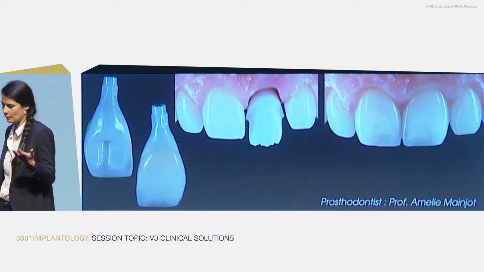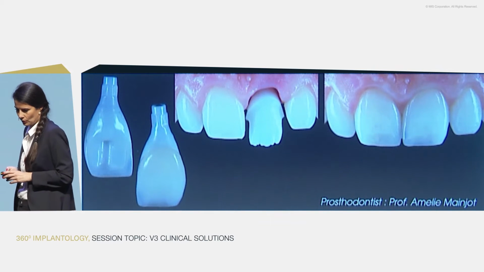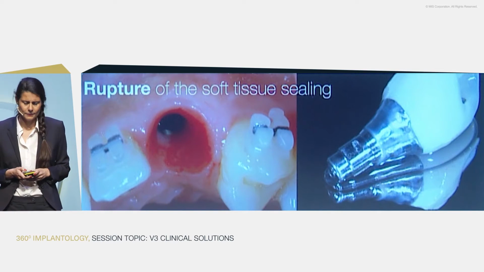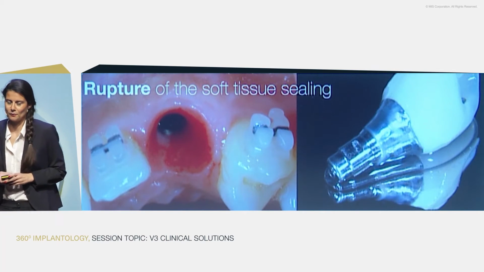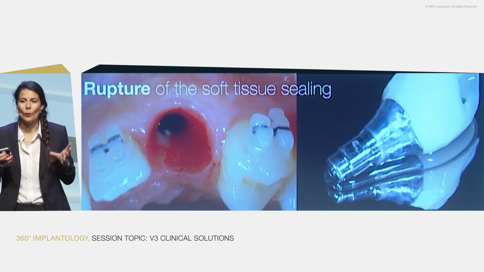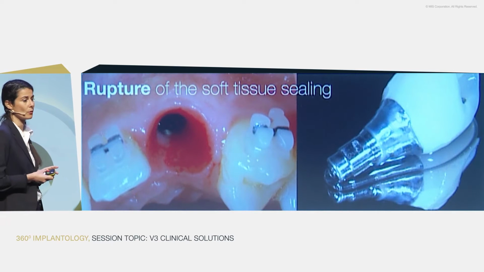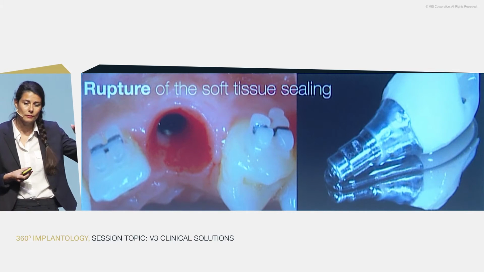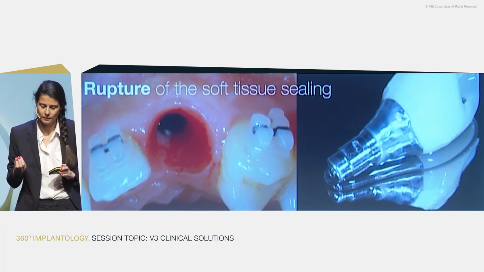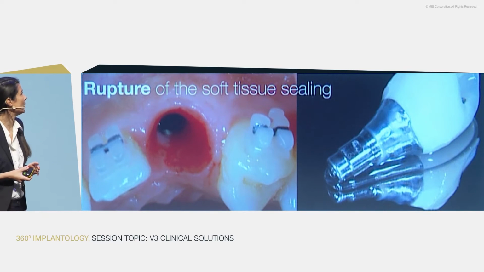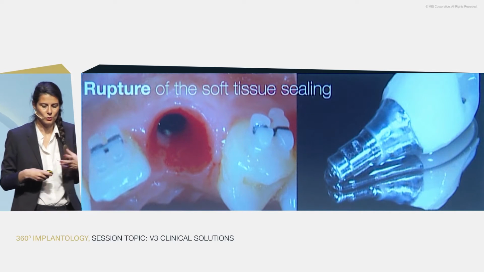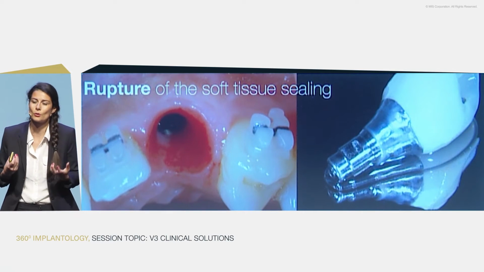And here, for example, is a case we've done in the aesthetic zone together with my prosthodontic colleague, Amélie Majot. But, and this is, I think, a very important slide that I like a lot, we have to be aware that when we do screw-retained restoration on a bone level implant and we disconnect this abutment, as you see here, actually this is a provisional crown that I screwed for several months because the patient was undergoing an orthodontic treatment.